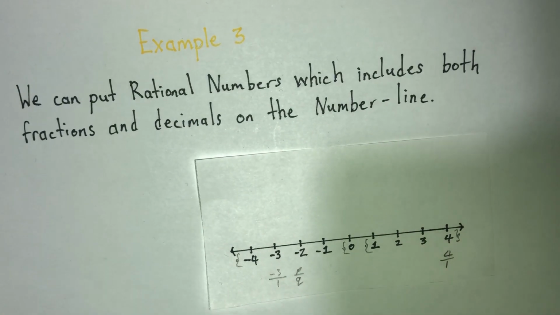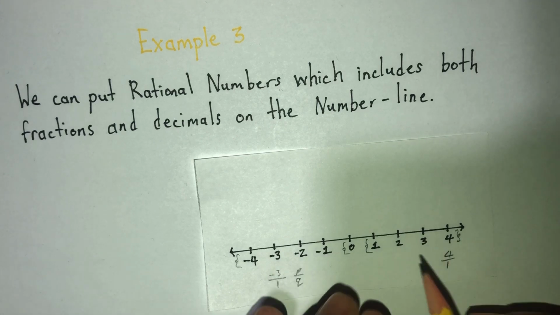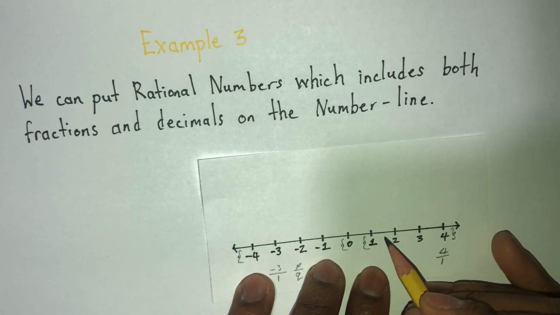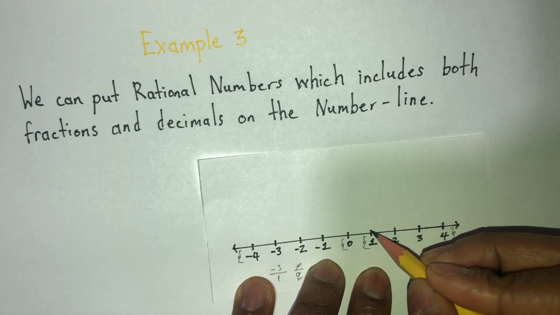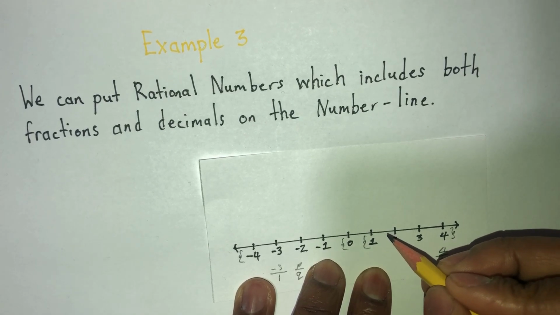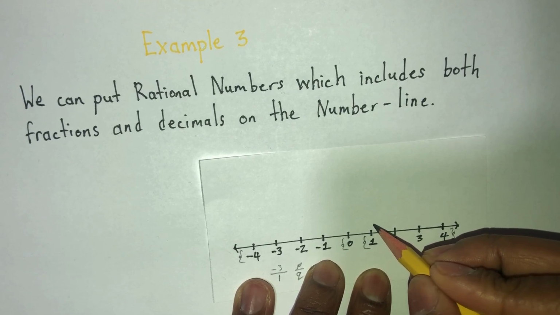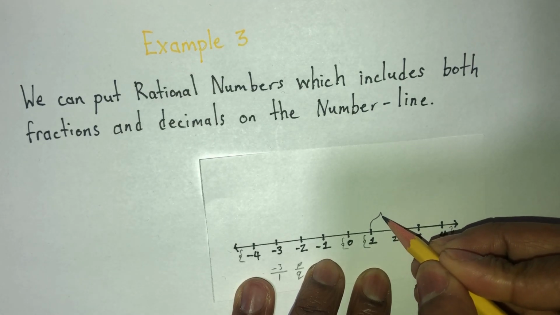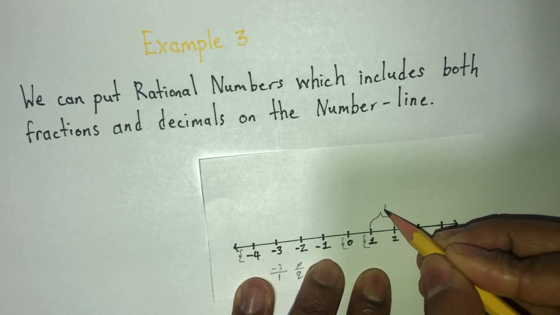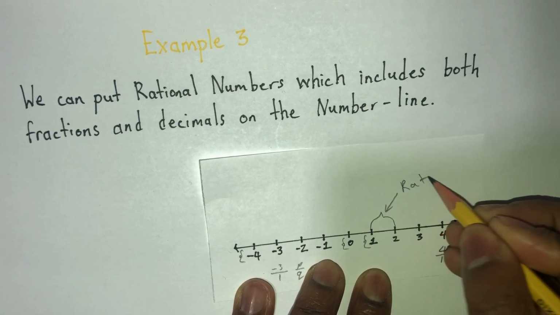Now, between the numbers on the number line, we have fractions and decimals. And we know that fractions and decimals are rational numbers. So between any two numbers on the number line, we have rational numbers.